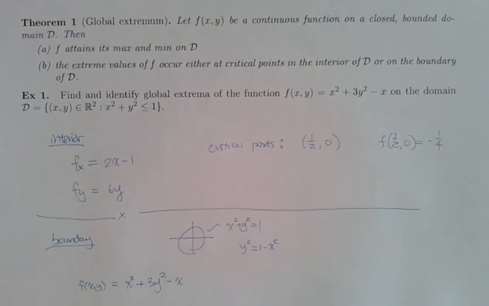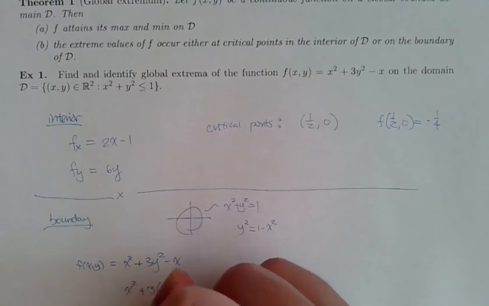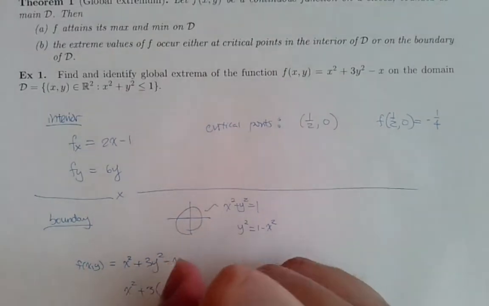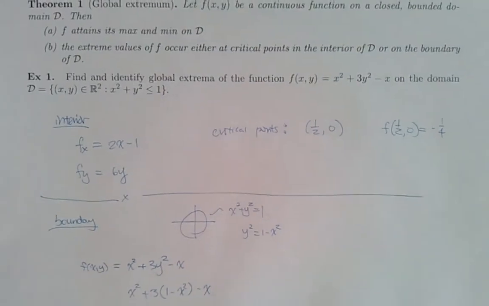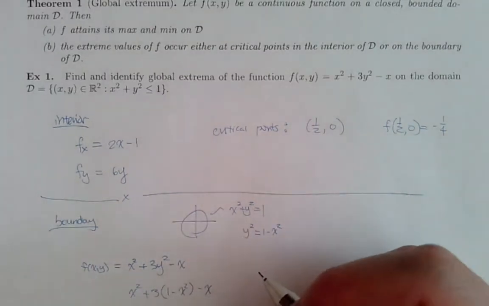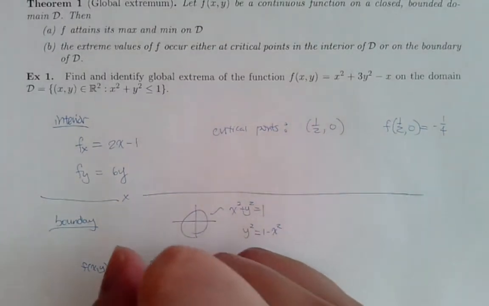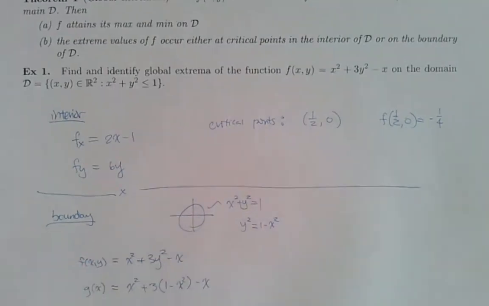So we can simplify this and get x squared plus 3 times (1 minus x squared) minus x. Notice that this is now a single variable situation. Let me call this g of x, just give it a name. It's a single variable function.